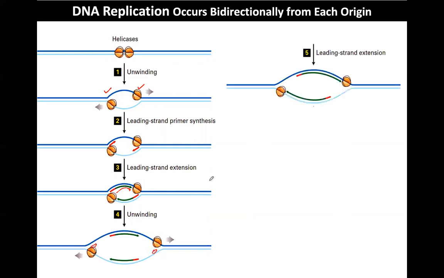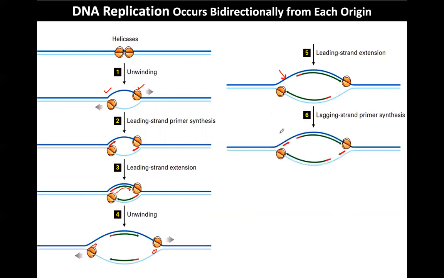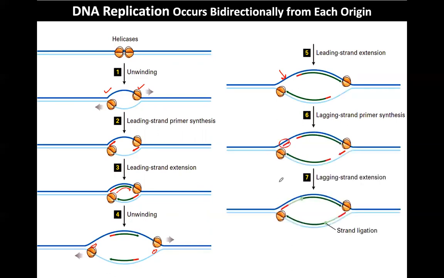As you can see, the leading strand continues its synthesis of DNA. There is a problem here because there is a region behind the primer that needs to form a new strand. So a primer is laid here again, and it continues the synthesis of DNA until ligation with the original strand.